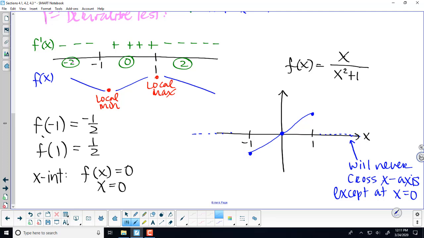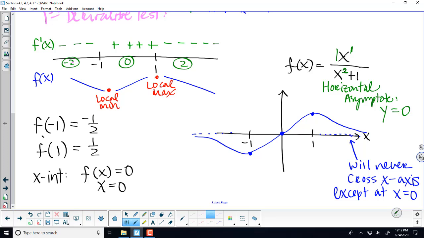So the graph is going to be strictly above or below the x-axis. And how can we solidify that? Remember our test for horizontal asymptotes back in algebra? If the degree of the top is less than the degree of the bottom, the horizontal asymptote is the line y equals 0.